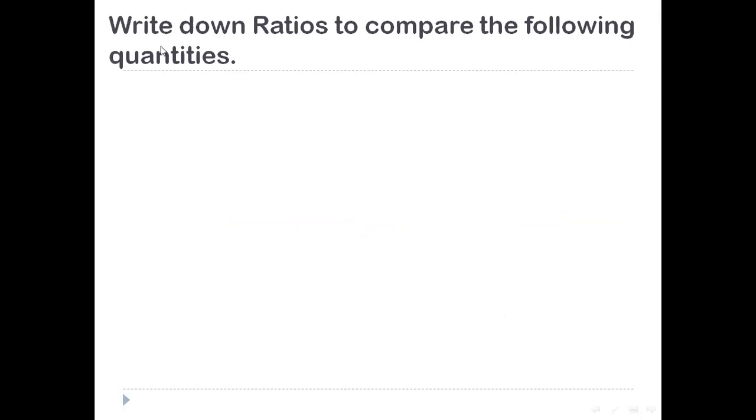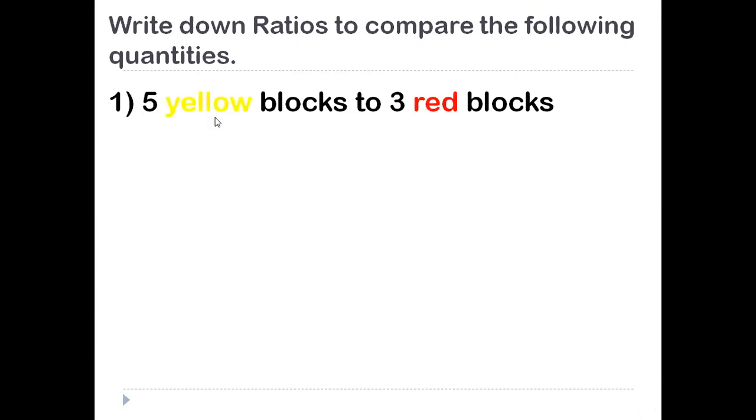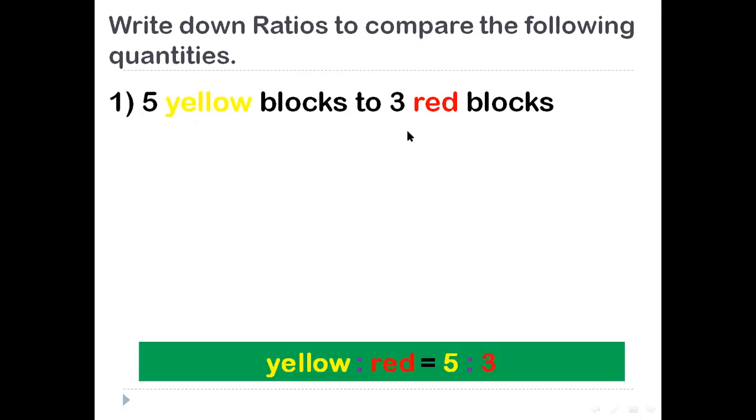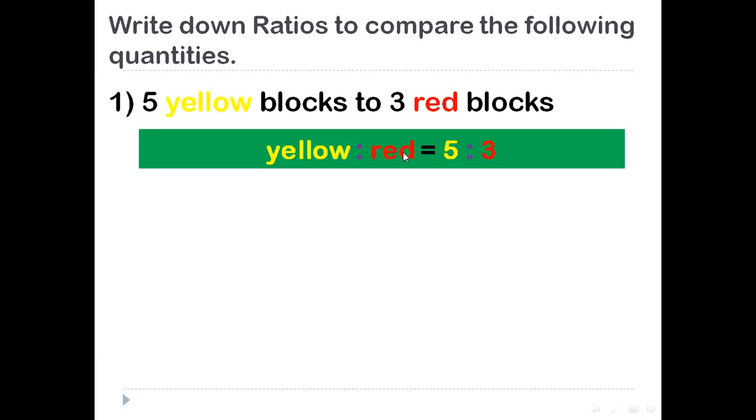Now look here. Write down ratios to compare the following quantities. 5 yellow blocks to 3 red blocks. 5 yellow to 3 red. So yellow to red is 5 to 3. Why did we use the colon?